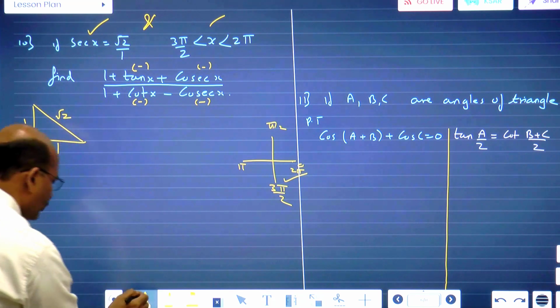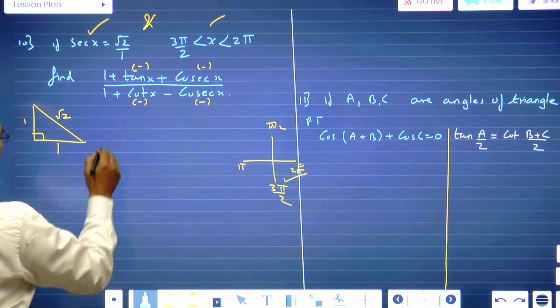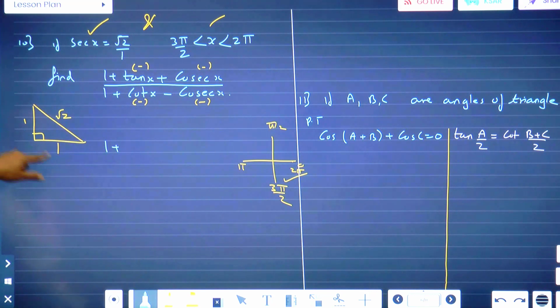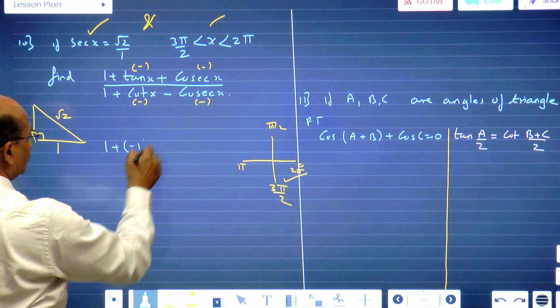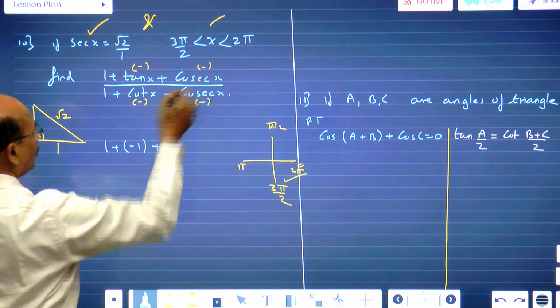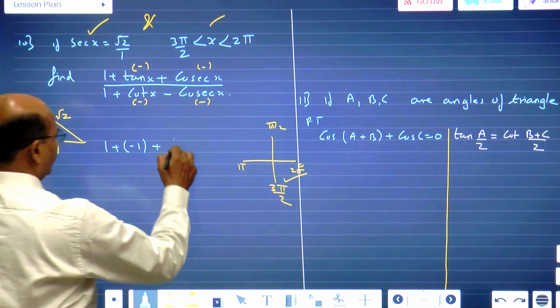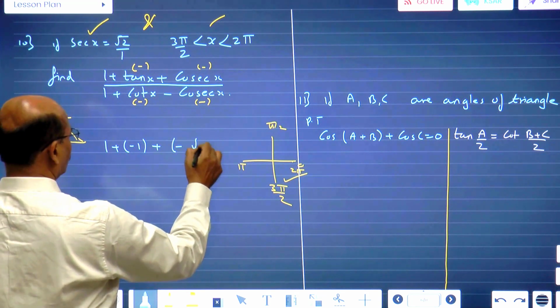So, let's take the values and put them across now. 1 plus tan theta. What is the tan theta value? 1. So, this is minus 1 plus cosec. Cosec is reverse of sine, so cosec x is root 2, but it is negative, minus root 2.